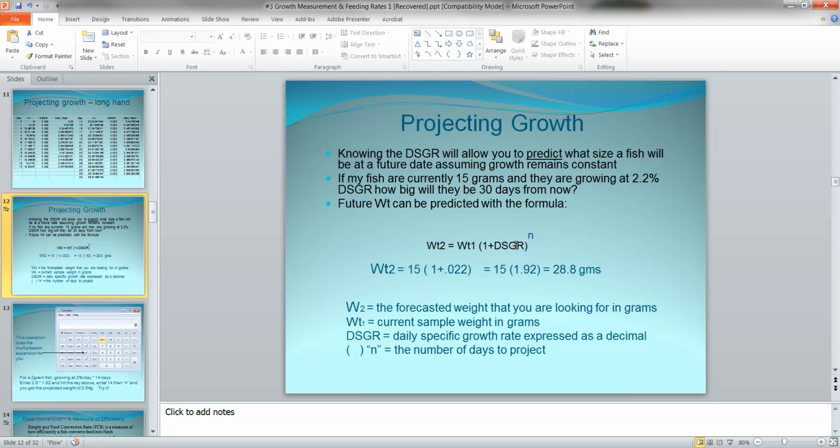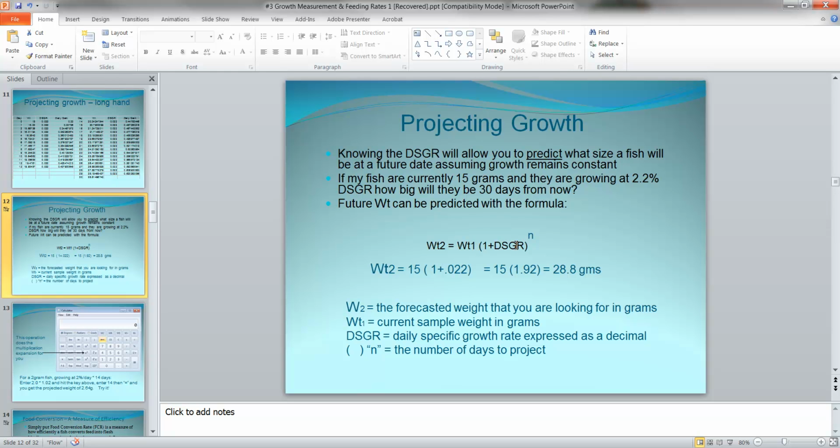So in this case, if you take 15 grams and multiply it by 1, what do you get? You get 15. No weight change at all for tomorrow. But that's not the way it was. It's 15 times 1.022, which takes the 15 and automatically adds that additional new weight.